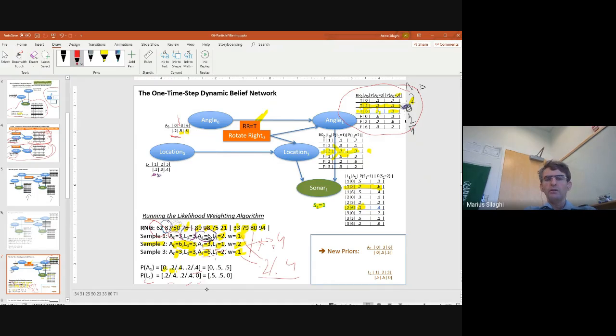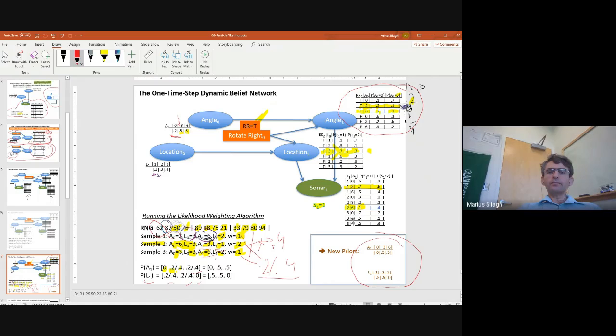So the new distribution for location 1 is 0.5, 0.5, 0. Okay, so we get these two new priors for angle 1 and for location 1. So these are the probability of angle 1 and probability of location 1 now that we have measured SONAR 1 to be 1.